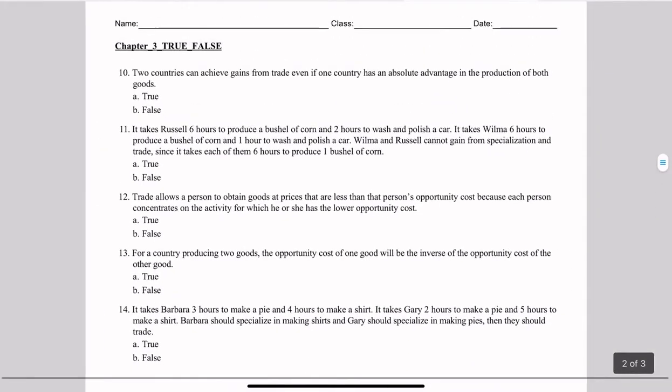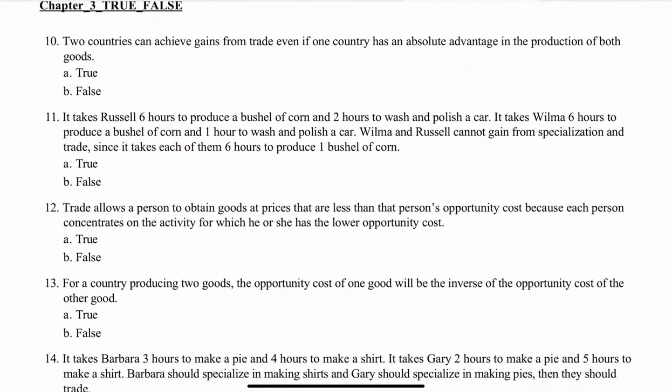Two countries can achieve gains from trade even if one country has an absolute advantage in the production of both goods. This is true. Again, think about the farmer and rancher example. Rancher has absolute advantage in both meat and potatoes.